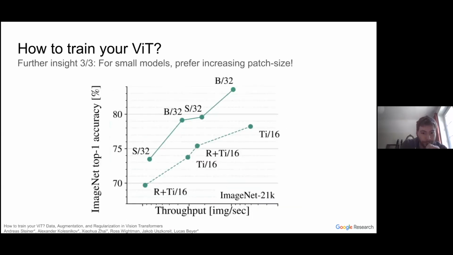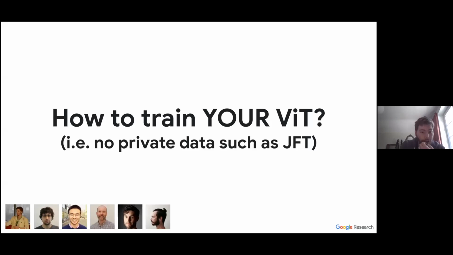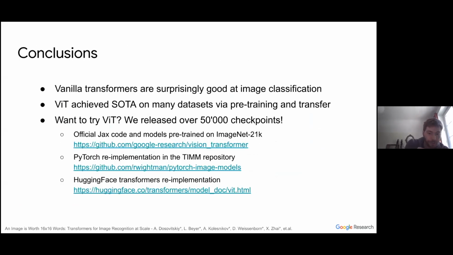And for regularization, actually, I have a slide that I'm skipping here, but in the how to train your ViT, we actually try to map out the landscape of what works for what model size. And there are some surprises, but that I skipped here. For example, augmentation is almost always good, but regularization is not almost always good. And whether it's good or not depends on model size and dataset size exactly. You should check out this how to train your ViT paper for that one.